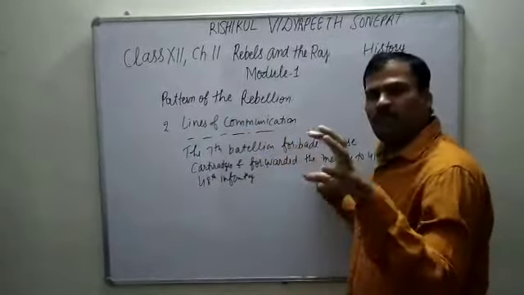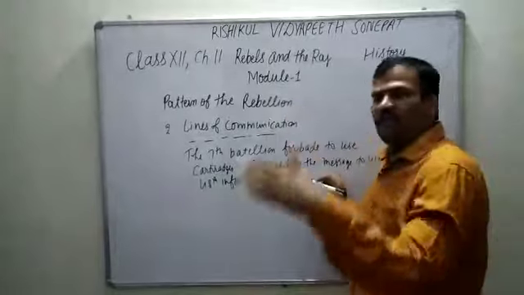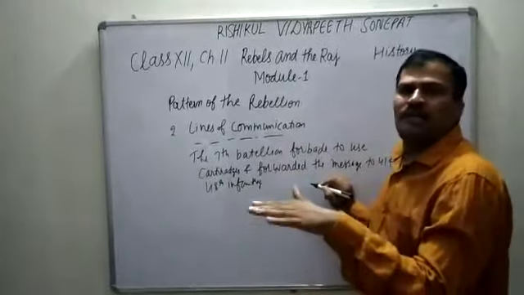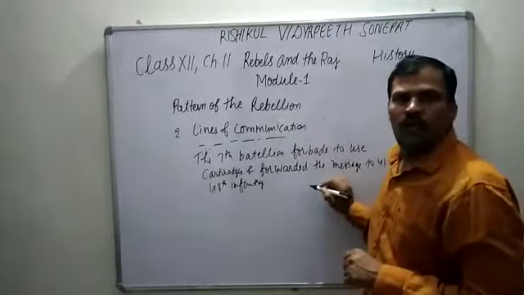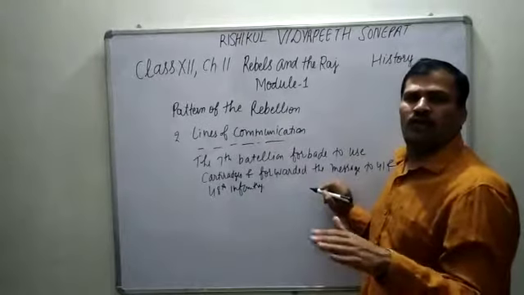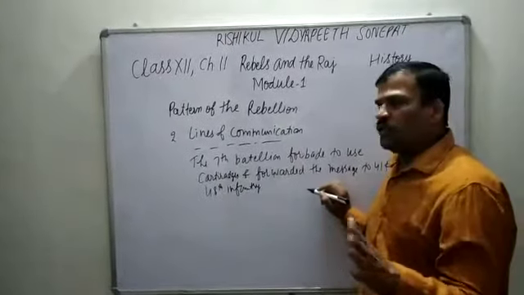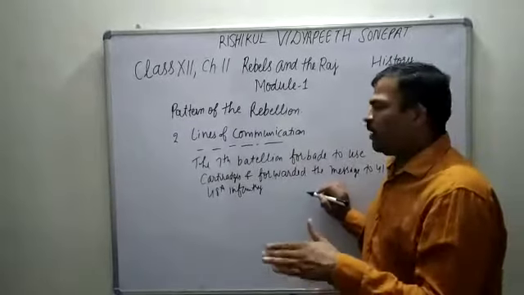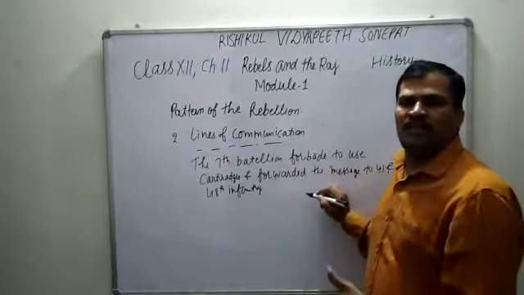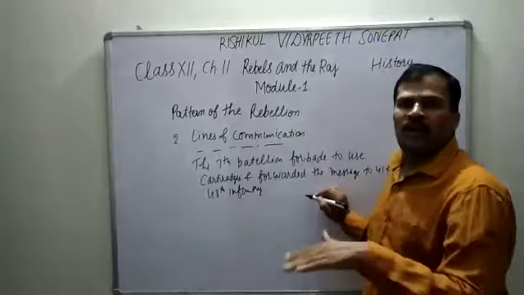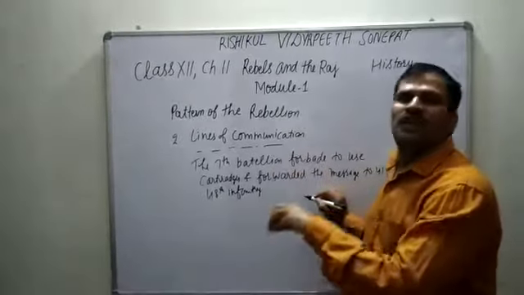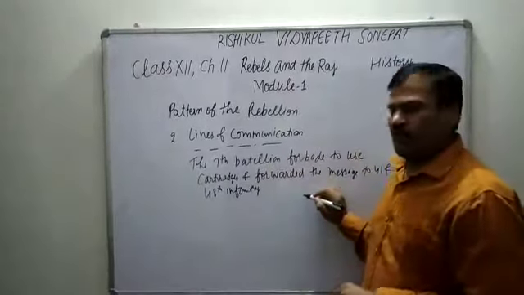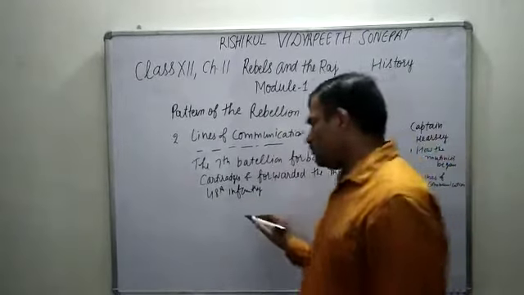So some planning was done, and this was the reason that it was somewhat successful. Otherwise, there were very few chances because no weapons or explosive materials were there. But even then, somehow the Indian mutineers or the sepoys were able to put some fear in the minds of the Britishers.